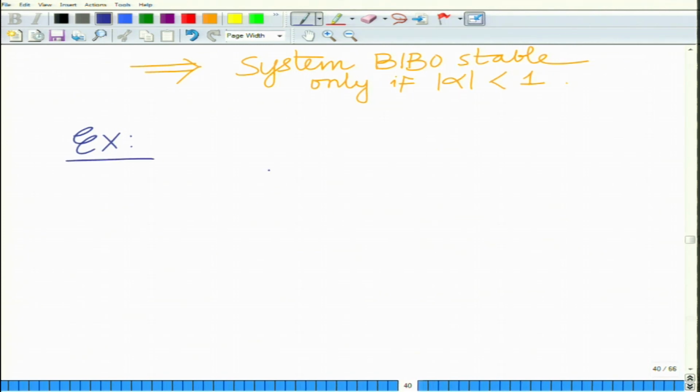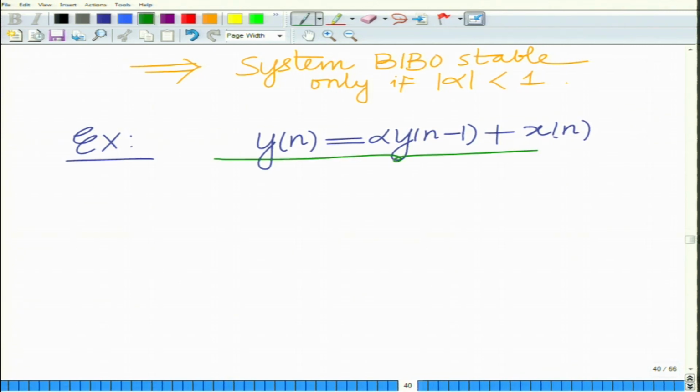so this is the system, we are giving a difference equation. Since this is a discrete time system, we have a difference equation. So, this is a difference equation description of the system.